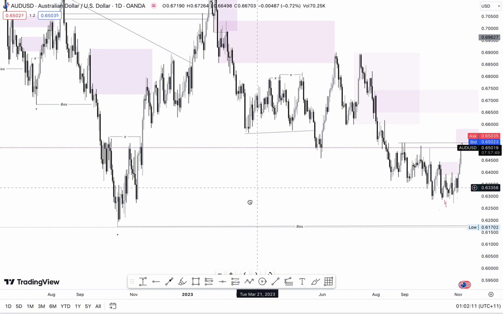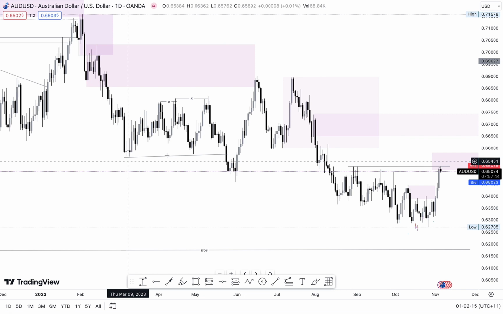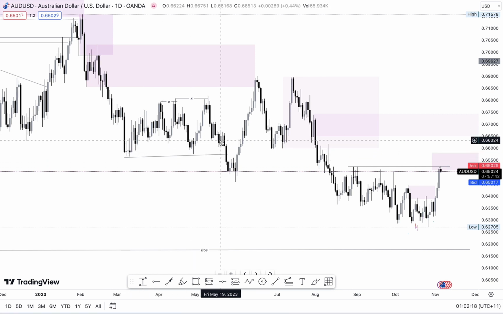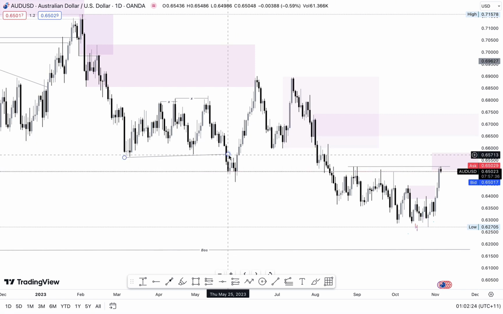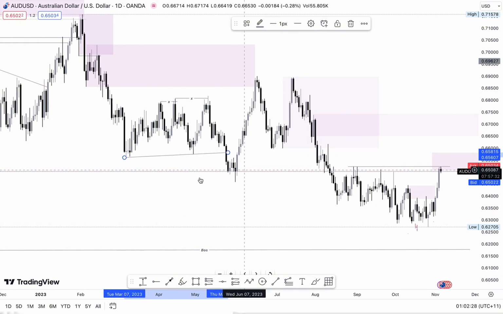We also have another example here. We have an equal low here. You can see that people will be anticipating to buy here. After price stopped here, you can see that price took out the liquidity here, and even a liquidity sweep here again.